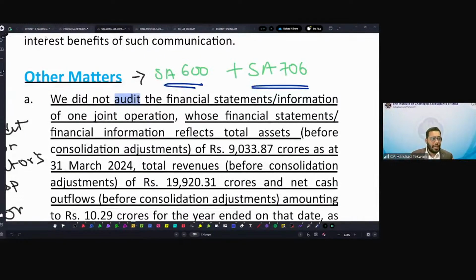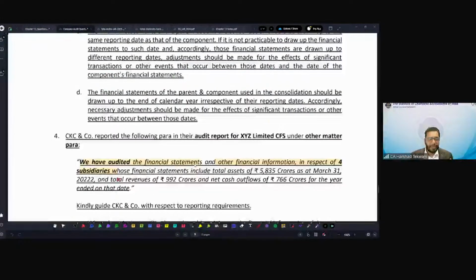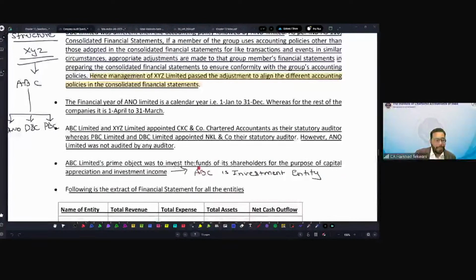Here, only 2 companies, XYZ and ABC, have CKC and Company as auditor. ABC Limited and XYZ Limited appointed this chartered accountant, but PBC and DPT appointed NKL and Company, and there is no auditor for ANO Limited.